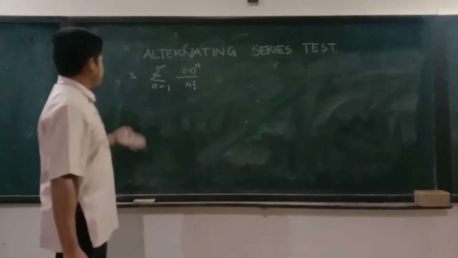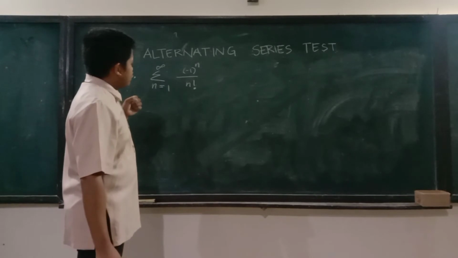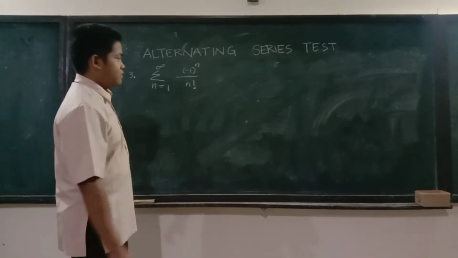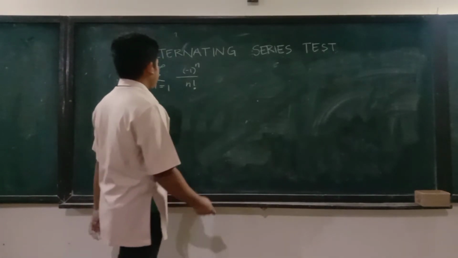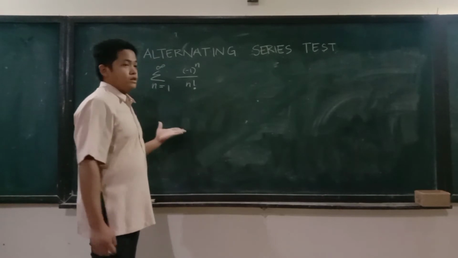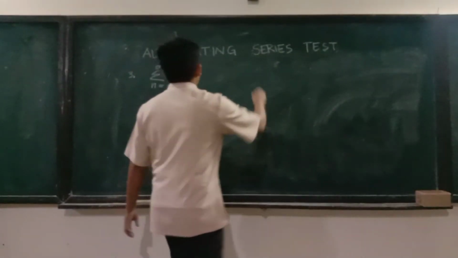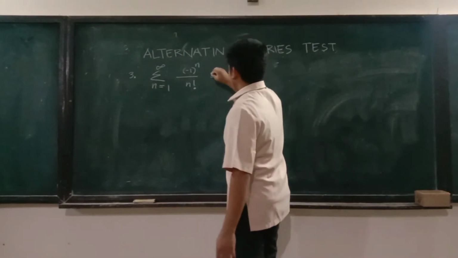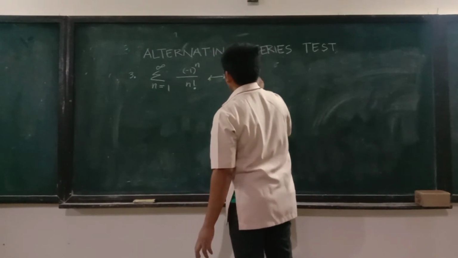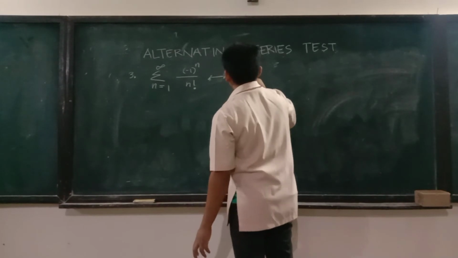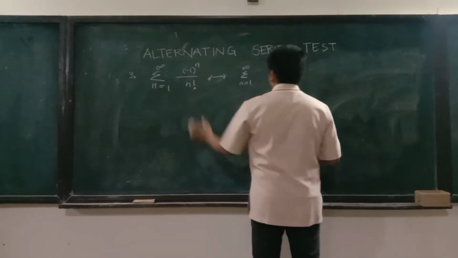This is our new problem, where we didn't know our a sub n. First and foremost, we need to arrange it in such a way that we can find the value of our a sub n. Let's separate this one.